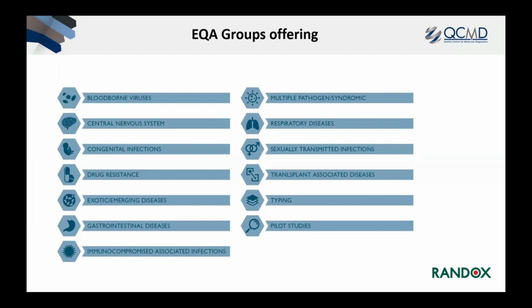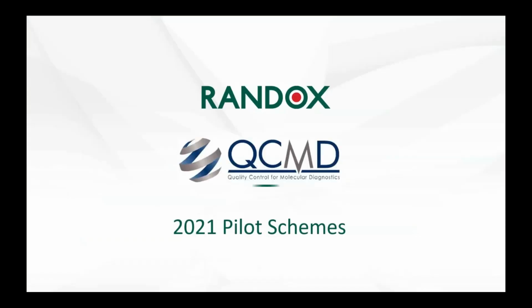We also have programs for transplant-associated diseases, things like Epstein-Barr virus or cytomegalovirus. We have programs for molecular typing, and then finally we have a list of new pilot studies. So I'm just going to go over this briefly and give you a quick overview of the highlights before we jump in and start answering any questions that you may have accumulated throughout this presentation today.